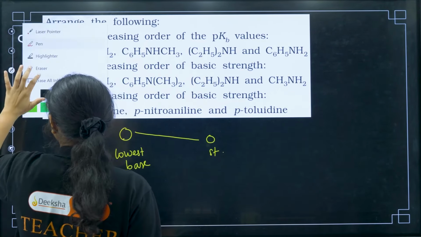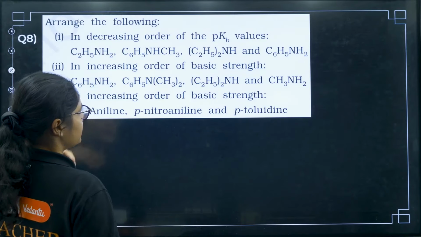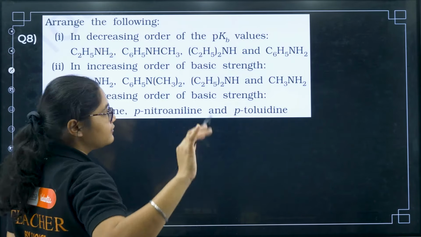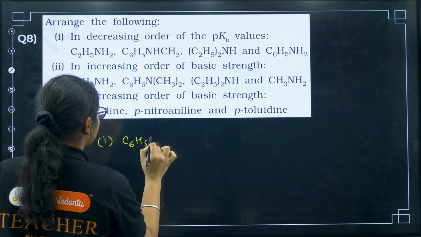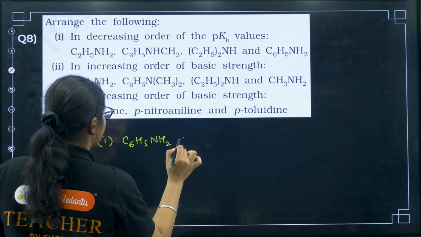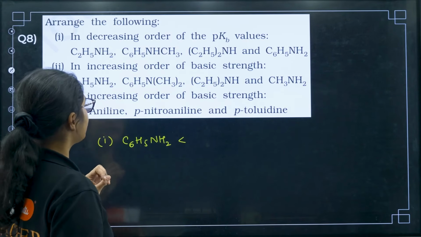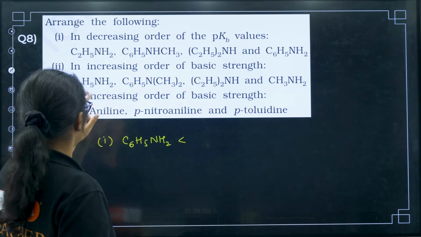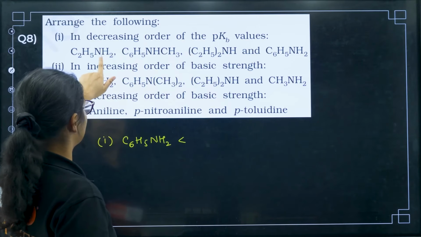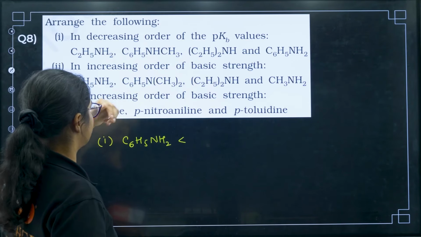Okay, so that is what we have to find out. As I always tell you, if there is an aryl amine, it will be the lowest one. So I can write the first one will be C6H5NH2. Next I can find that we have a secondary and a primary group.